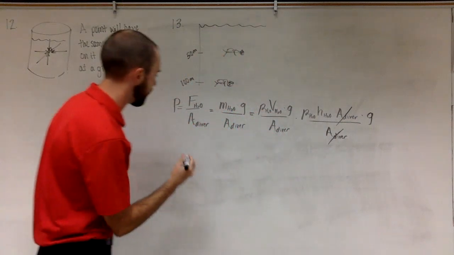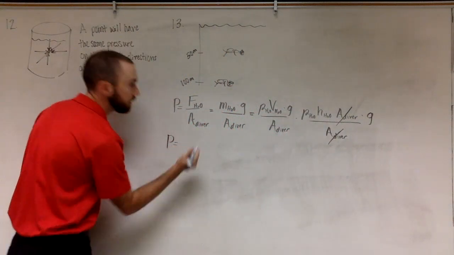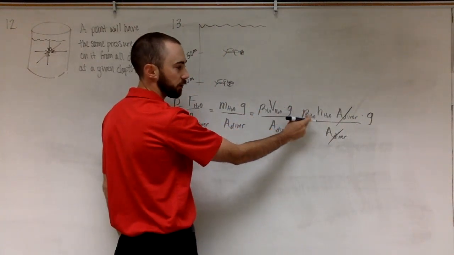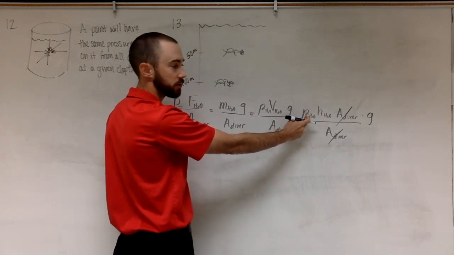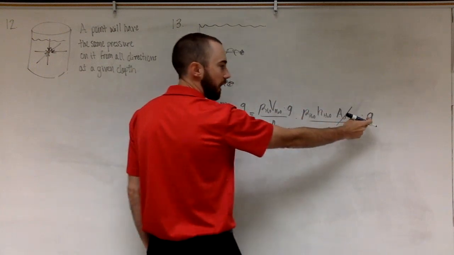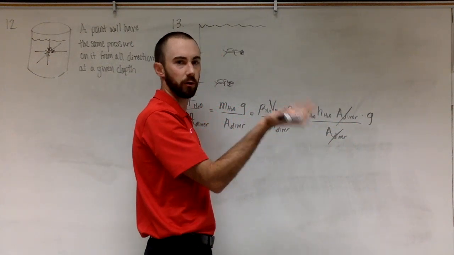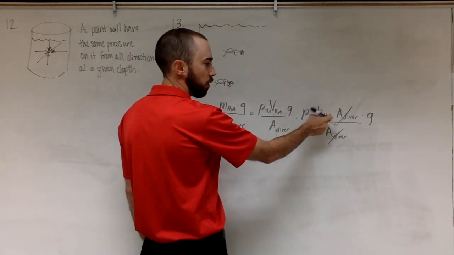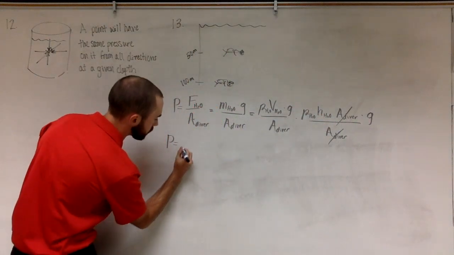So we can cancel that out, and what we find is that density shouldn't change because water's not compressible. Gravity's not changing significantly. He's only going a couple meters. So the only thing that's changing is the height of the water.